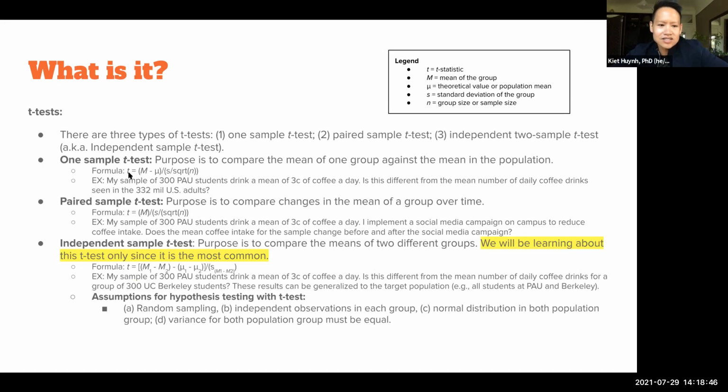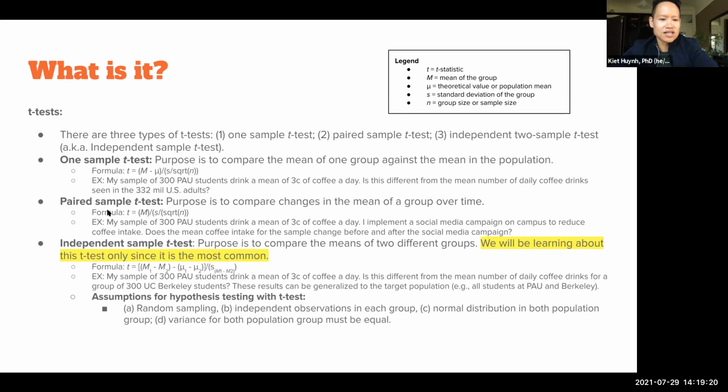You don't have to remember these formulas, because even though we're talking about three t-tests, we're only going to be really exploring the last one, the independent sample t-test, because this is the one that's most commonly used. These other two aren't used that often. The second one is used more often than the first one, but definitely the most common t-test is the independent sample t-test. So the one sample t-test means you have one sample and you get a mean, and you want to know if that mean is different from the population.